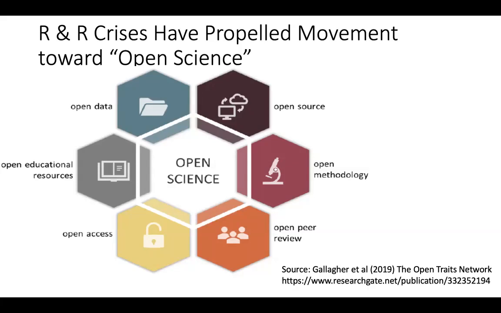Open access refers to accessibility to published articles. Now, most of us who are affiliated with universities don't really feel much of a crunch on this because our university libraries already subscribe to many, many journals, and we can access them electronically at no cost to us. However, the universities pay a steep cost for subscriptions to those services.